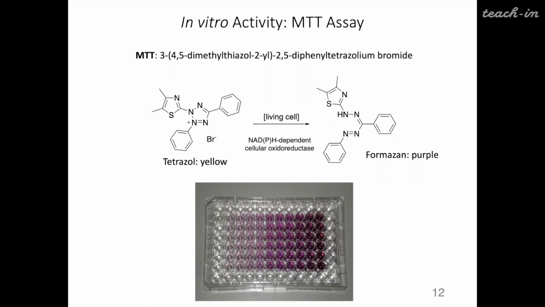We will measure the activity by this reaction. This formazine compound is vividly colored, and it's purple. Moving from left to right, there are more and more living cells that perform this reaction.